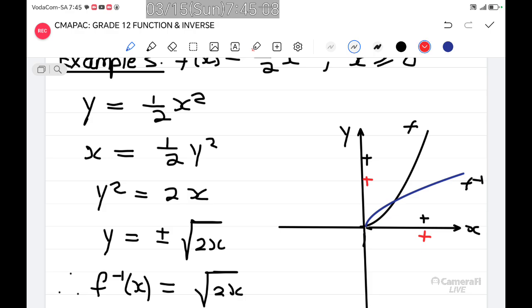So we can draw the line y equals x. It must pass through the point there. Let me redraw it. So it will go like this. So this is my function, and then the line y equals x, this one.